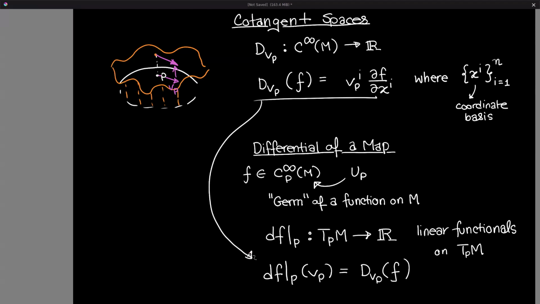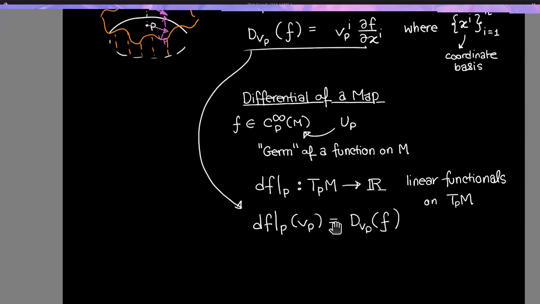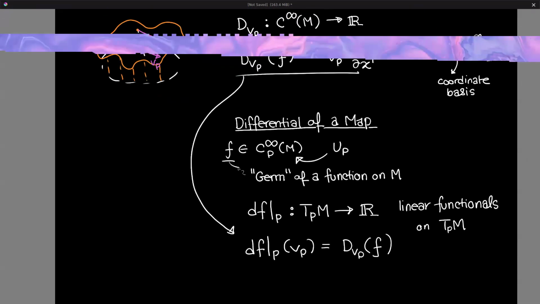And so it spits out the directional derivative at v_p of the function f. That's what we call the differential at point P of f.